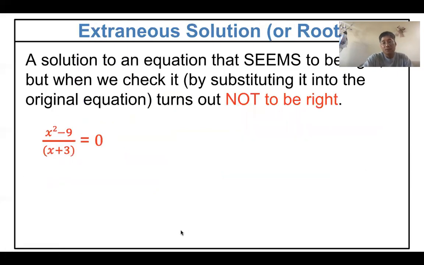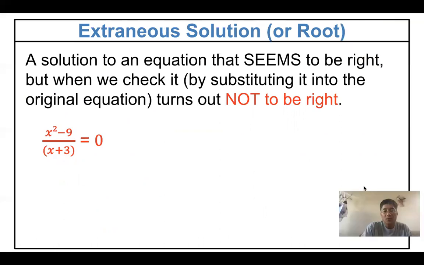Good. So now, when you solve for extraneous solutions, you need to be careful with one thing. When we get the solutions, sometimes we need to plug them back in and check them, because this is happening.